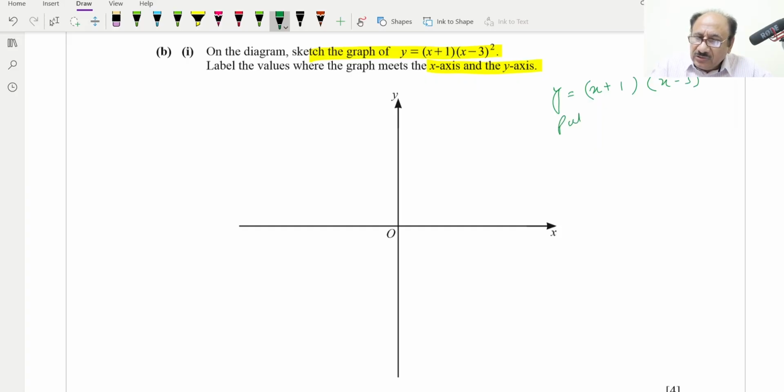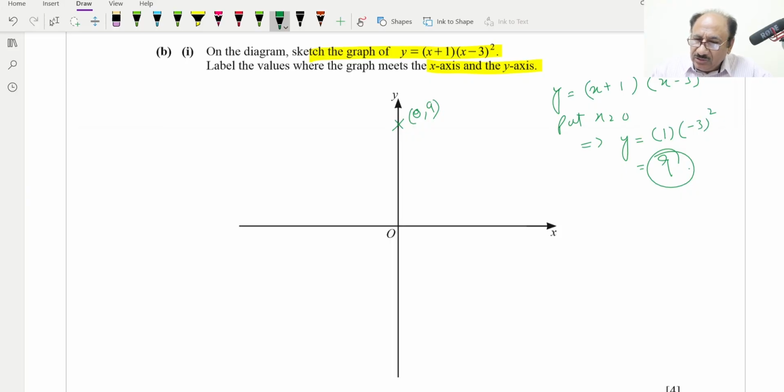So put x is equal to 0. So this implies y is equal to what? This will be 0 plus 1 will be 1, and minus 3 squared, so this will be equal to 9. So the y value will be 9. So we can take roughly 9 over here. So this point will be 0 and 9, which we have indicated over here.